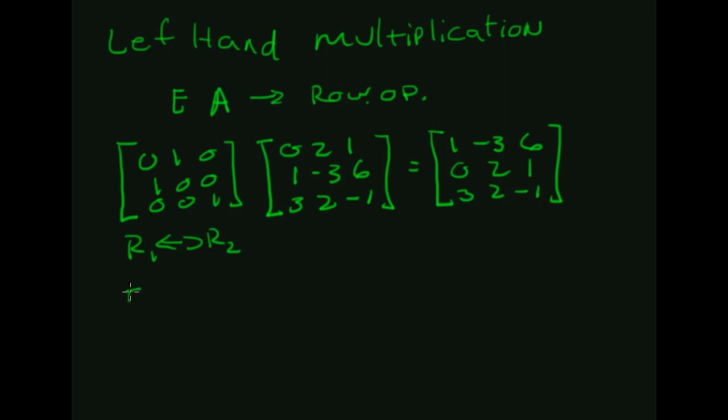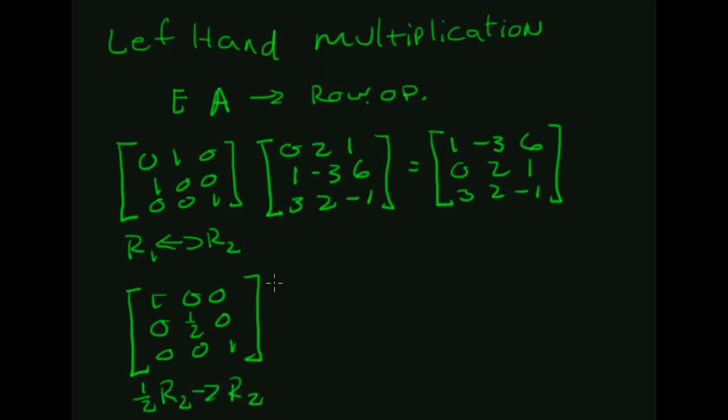Another example of this would be if I took 1, 0, 0 times 0, 1 half, 0, 0, 0, 1. Okay, so this should be the row operation that says take 1 half of row 2 and insert that in row 2.